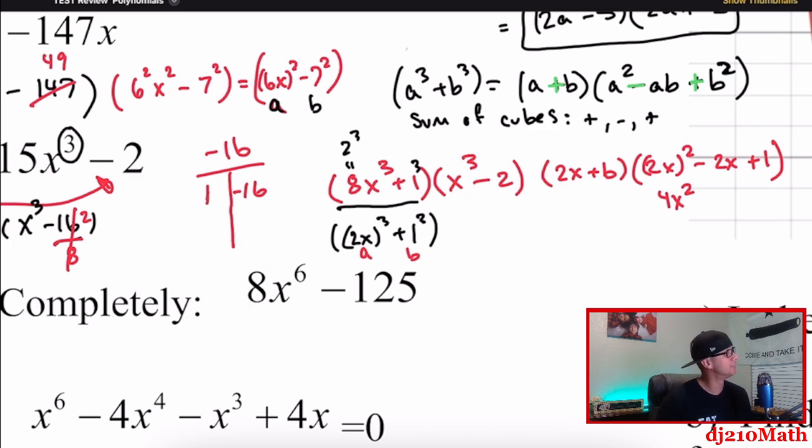Can that be factored? The discriminant is negative: 4 minus 16. So this can't be factored anymore, it's going to be complex.